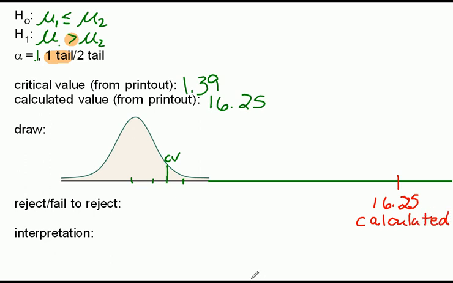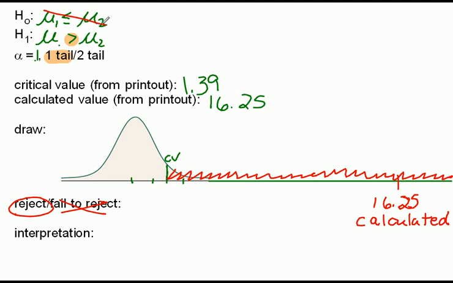When we're looking for statistical significance, if our calculated value is more extreme, further from the mean than our critical value, then we have significance, which means that something has changed. We are going to reject the null hypothesis. We think that mu1 is in fact greater than mu2.